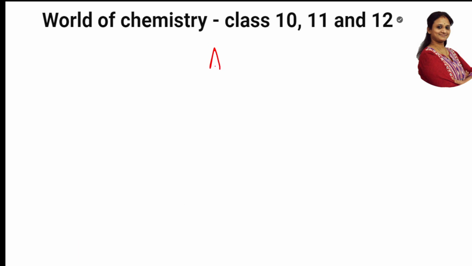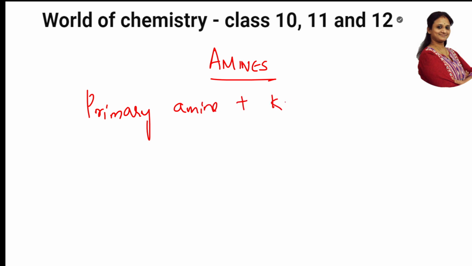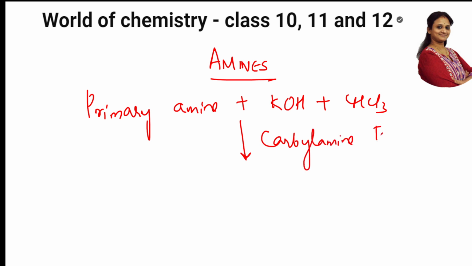Now we are going to do amines. Remember, students, amines are very important. Now, in amines, the distinguishing tests. How many varieties of amines do we have? Let us start with primary. Primary amines show the carbylamine test, and they form a compound called isonitrile.